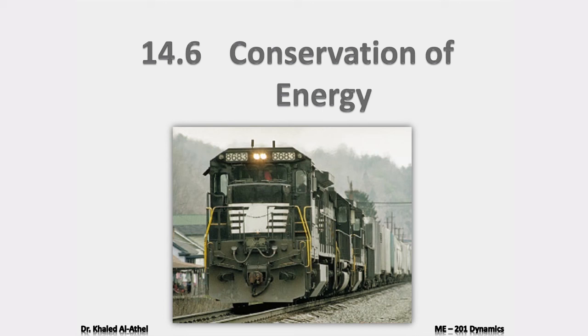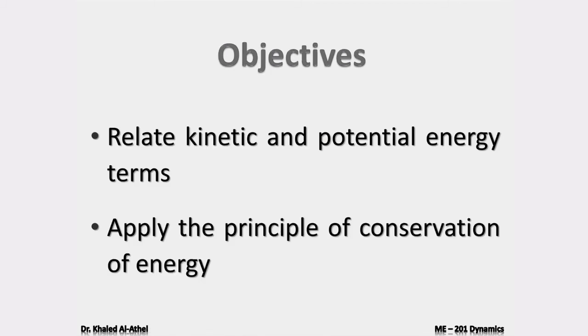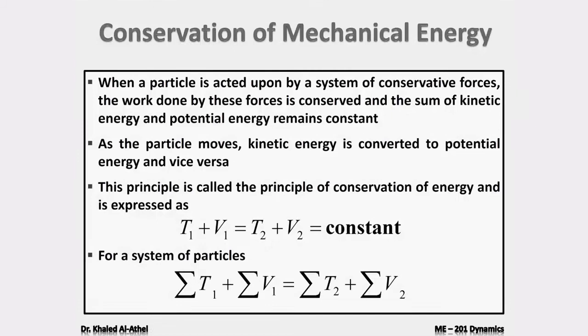Now, we are going to go to the conservation of energy. So I want to relate kinetic and potential energy terms together. And also I want to apply this principle of conservation of energy now to problems to see how it works. Now, when do I use this theory?